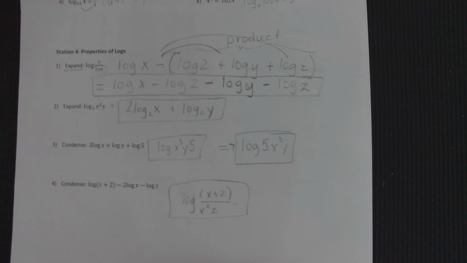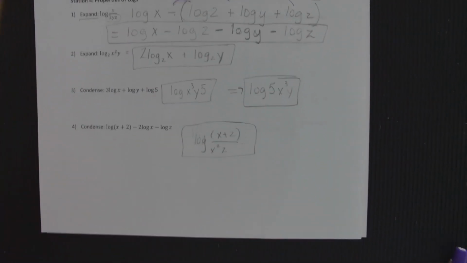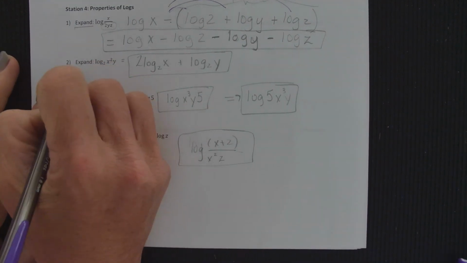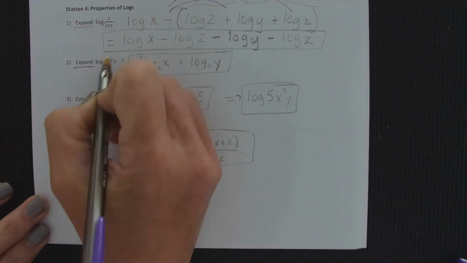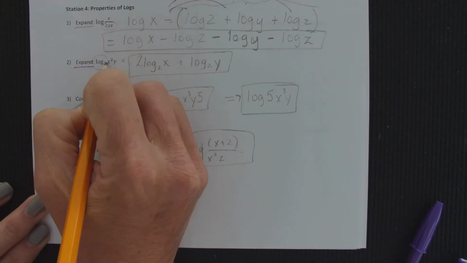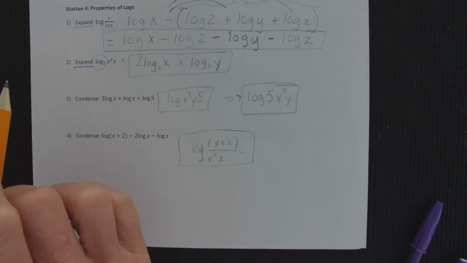Okay, let's focus on 2, 3, and 4 down here. Let's look at number 2. We're expanding. Okay, so we have log base 2. I'm just going to circle that part. I have x squared and I have y. 2 things I notice here.